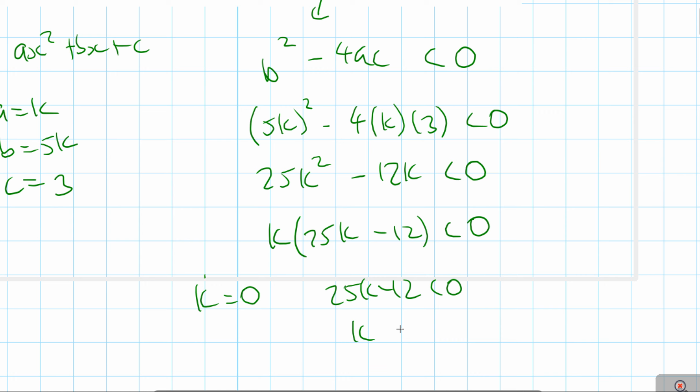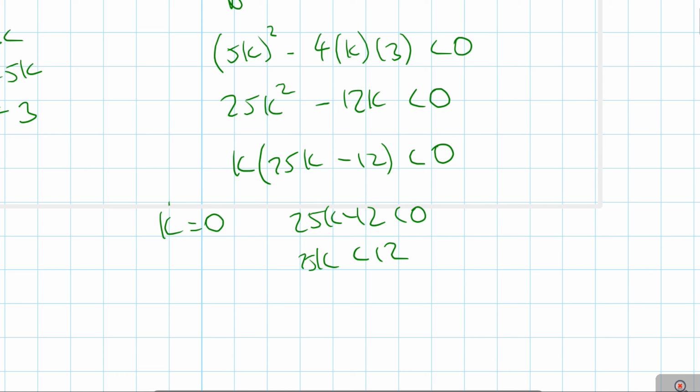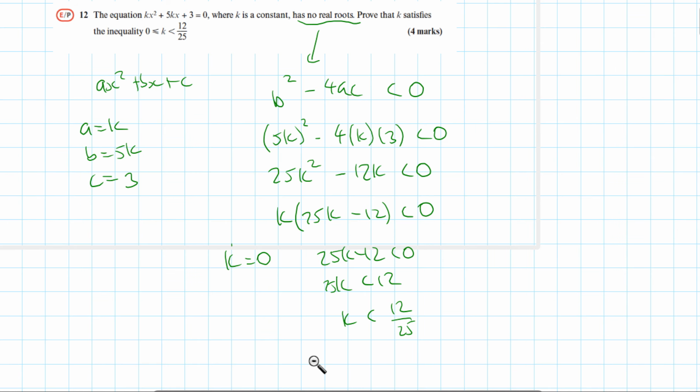So 25k is less than 12, and then k is less than 12 over 25. Then from here we want to test k equals 0, because notice here that it has a less than or equal sign.